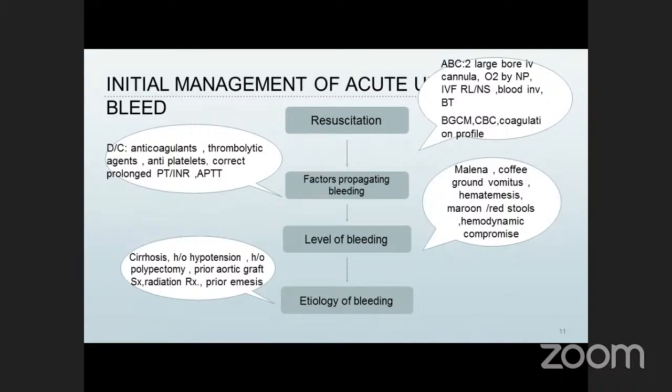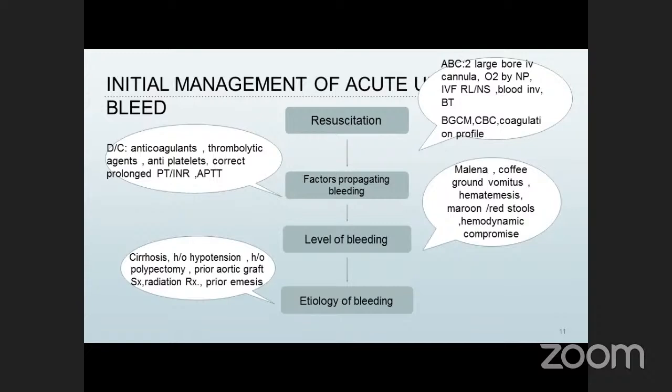Send blood for blood typing, cross-matching, CBC, complete metabolic profile, and a coagulation profile. And if the patient is bleeding profusely, we can even initiate an emergent massive blood transfusion protocol as per the hospital criteria.